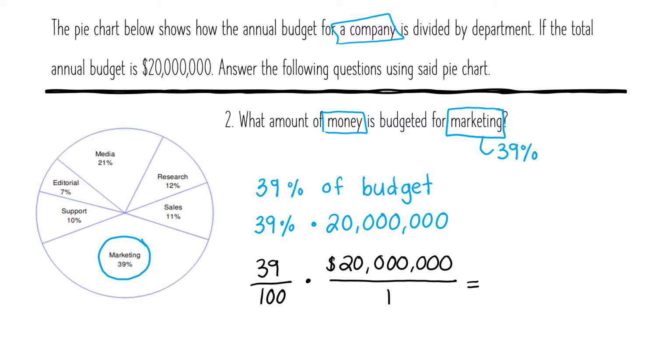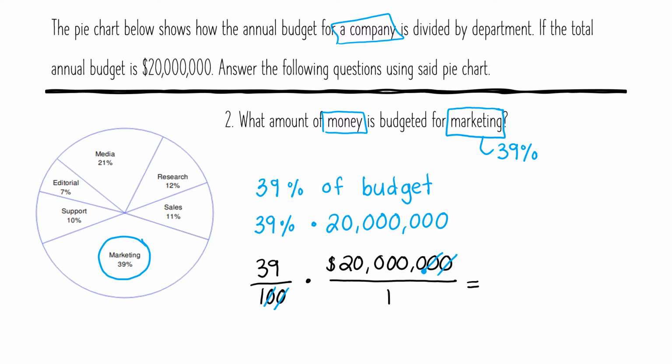And then, since we have some fractions here, let's simplify a little bit. If we divide 100 by 100, we're left with 1. And if we divide 20 million by 100, we're going to move 2 decimal places over. Sometimes we show this by just crossing out the same number of zeros between a numerator and a denominator.